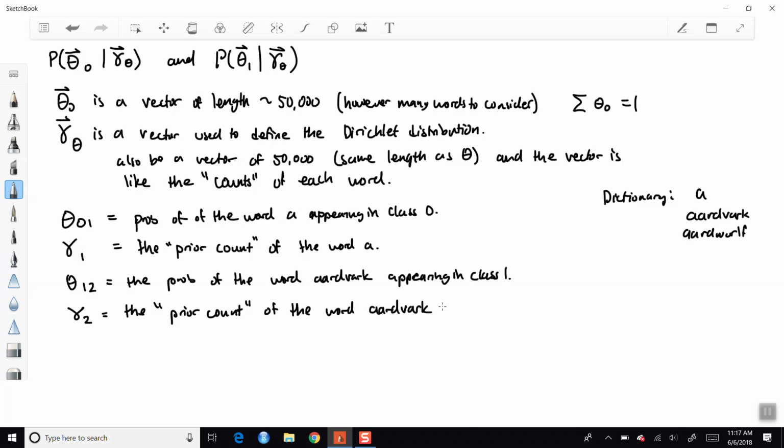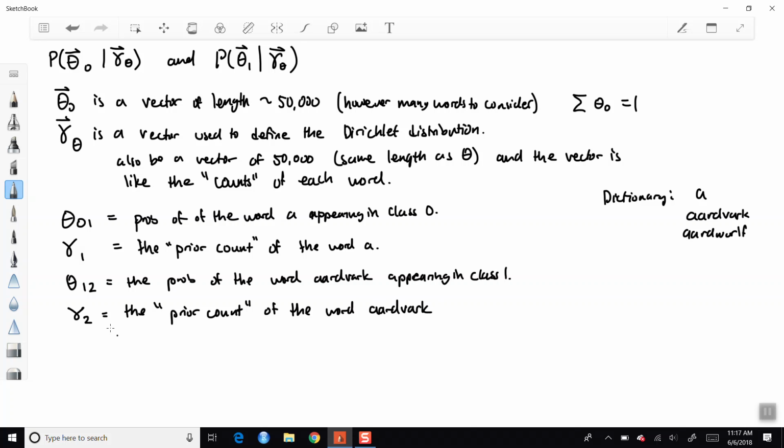And so on and so forth, going from A to aardvark to aardwolf to whatever else comes next in the dictionary, all the way to the end, the last word in the dictionary being zygote or something. Okay.